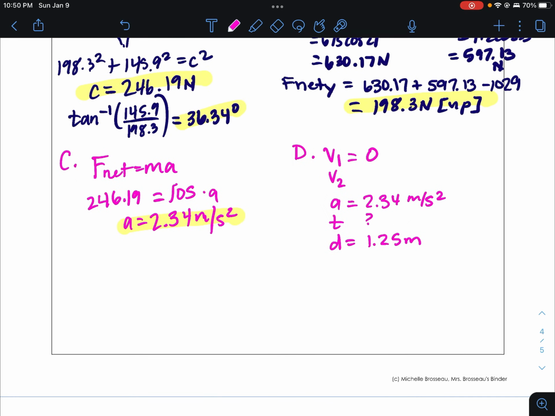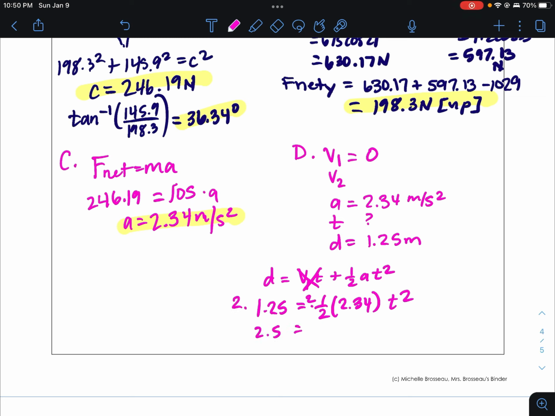So we've got D equals V1t plus 1/2 AT squared. Cancels out. 1.25 equals 1/2 times 2.34 T squared. So multiplied by 2, I get 2.5 equals 2.34 T squared. And so we get T to be equal to 1.03 seconds.